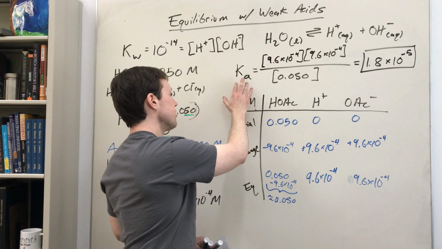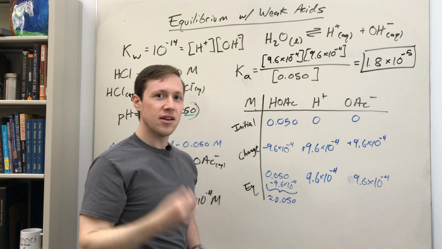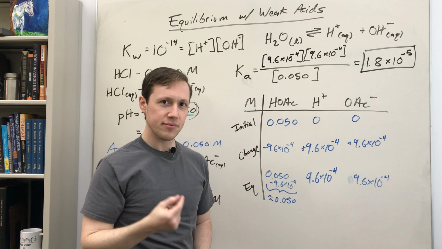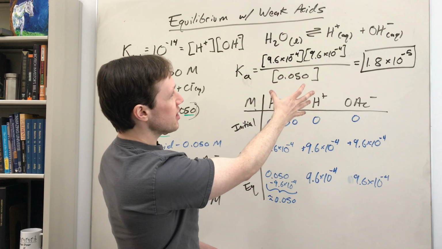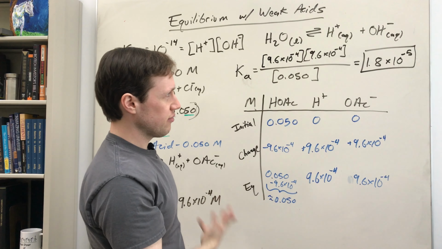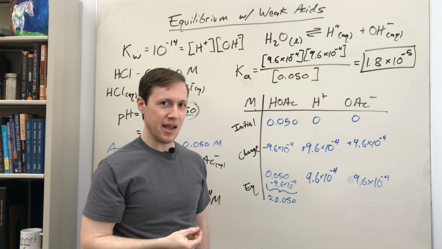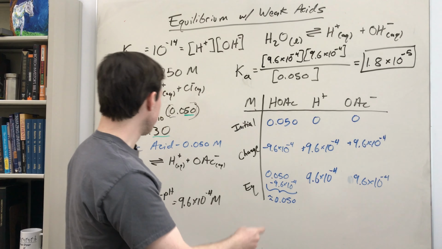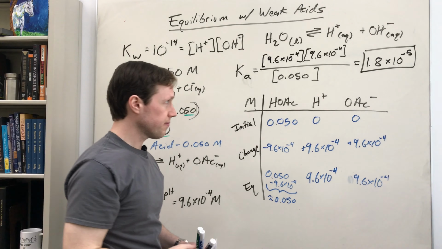These Kas are really useful because they are a number that tells us exactly how weak or strong an acid or base is. Now, you can see here that this number is already 10 to the negative 5. When we have numbers that vary by many orders of magnitude, we'll often switch them over to something like pH.